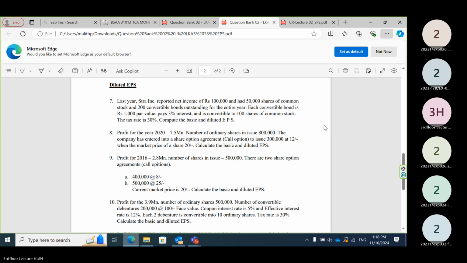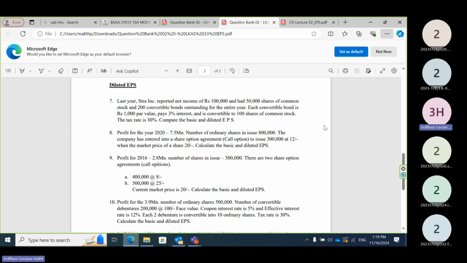Why? That's the reason. Your basic earning per share, 2. Your diluted earning per share, 2.079. What's the reason? As I said, whatever the value you added to the numerator is higher than the value you added to the denominator.